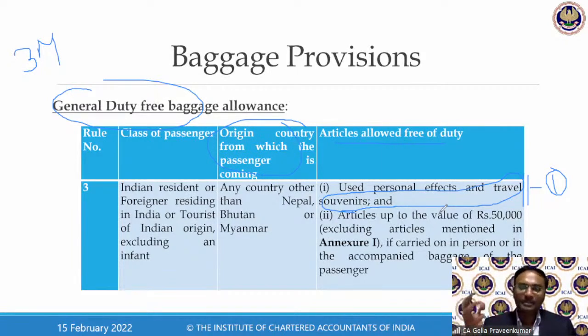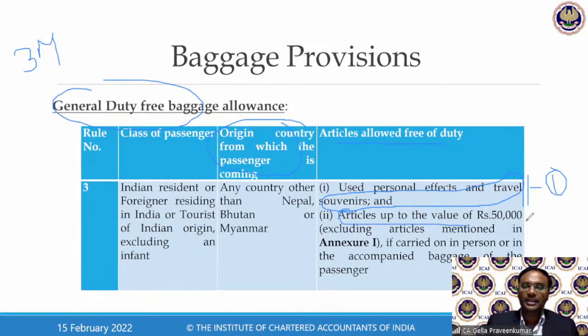I have purchased some maps, some coins, some textile. In a particular place, wool is well known, so in remembrance of that place, I brought some item made of wool as a souvenir. These can all be called travel souvenirs, which are historical in nature and connected with that particular place. Articles up to a value of rupees 50,000.